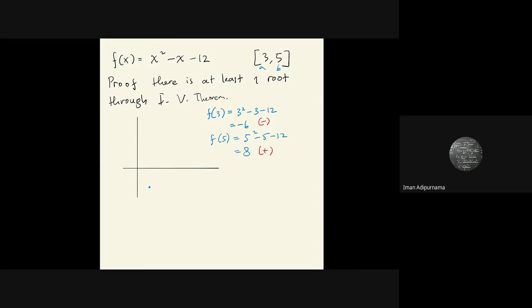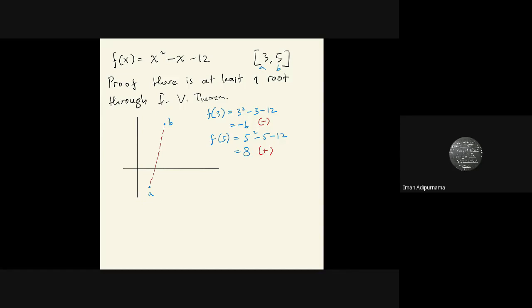So of course, from our previously discussed theorem, if you have a here and maybe b is around here, the function should be crossing the x-axis, right?